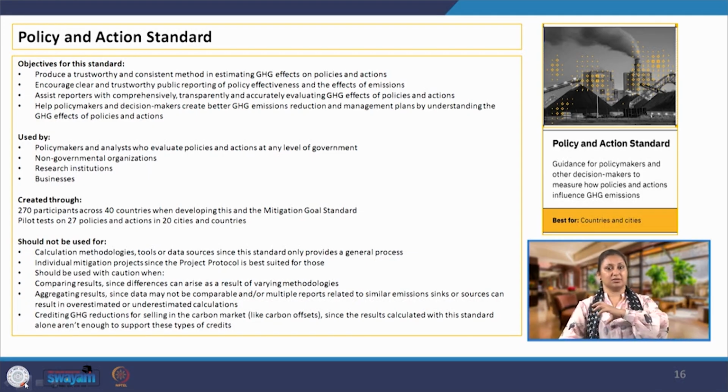All this together is the impact of one single policy, which is that there will be a subsidy on electric vehicles, and what this policy has as an impact on greenhouse gas emissions is what this standard, the policy and action standard, helps us to calculate.